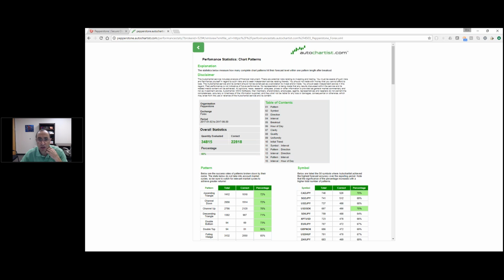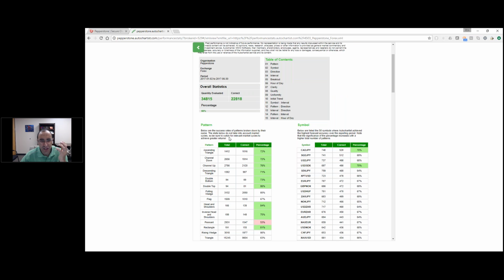And this is a moving window that's updated every 2 weeks. Okay, we've identified 34,000 opportunities, or just under 35,000 opportunities over the last 6 months, of which just under 23,000 hit their target price. Okay, but you know, that's 66%, which is pretty good anyway.